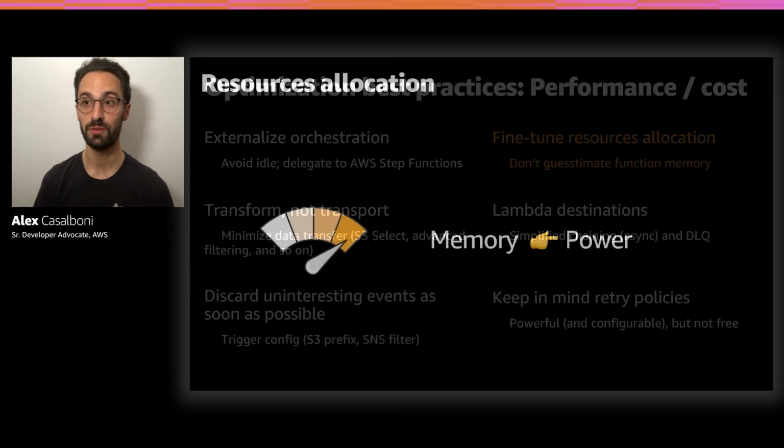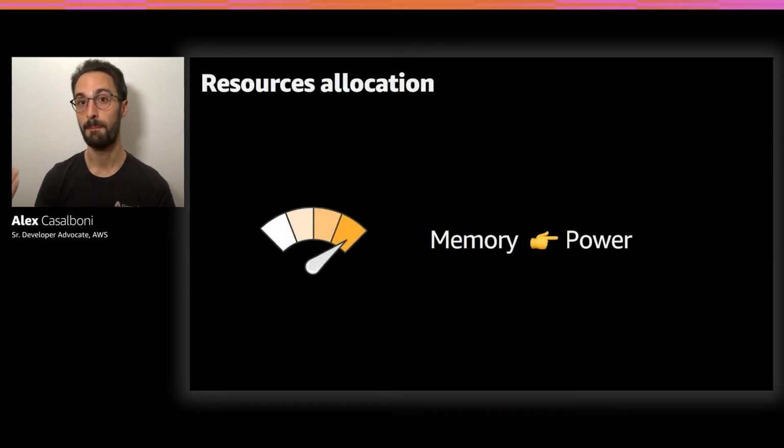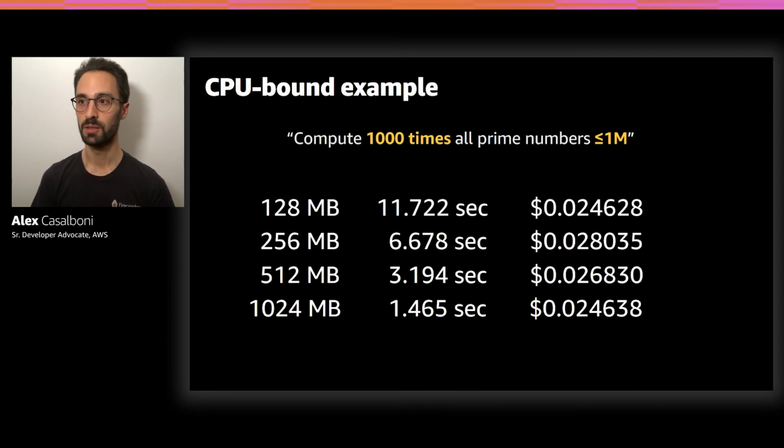Because as I mentioned before, when you fine-tune the memory of your functions, you're actually fine-tuning the power of your function. So for the rest of this talk, I am going to talk about power instead of memory. When you give your functions more memory, you get more CPU, you get more I/O throughput, you get basically more everything. You get a more powerful machine under the hood. So let me show you an example.